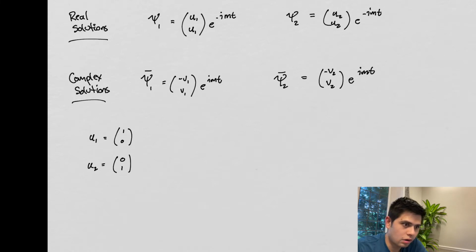V1 is going to be 1, 0, and V2 is going to be 0, 1.